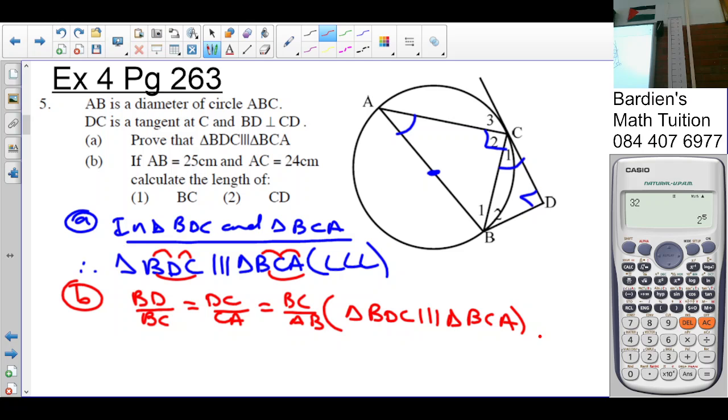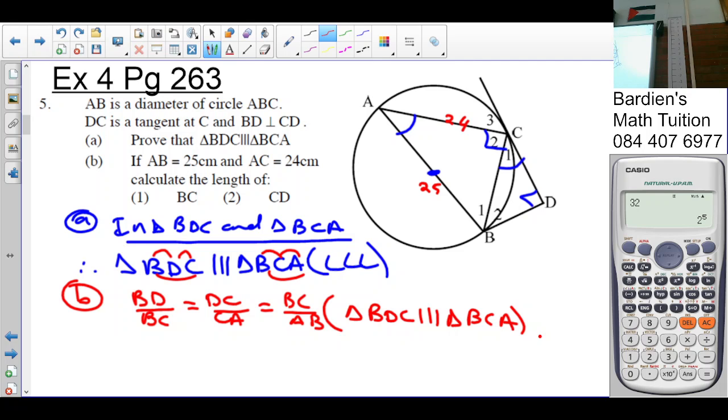Now we are told that AB is 25 centimeters. AC is 24. Calculate the length of BC. So let's plug in that information on this diagram, on this equation here.